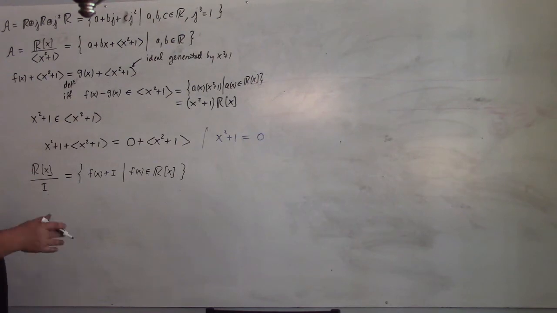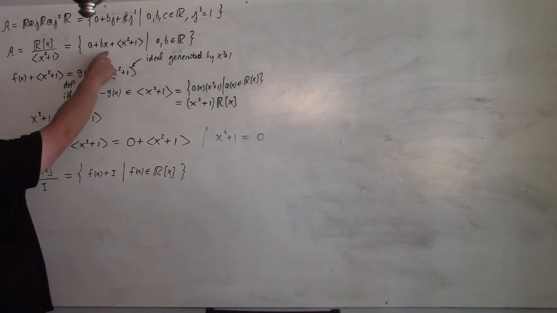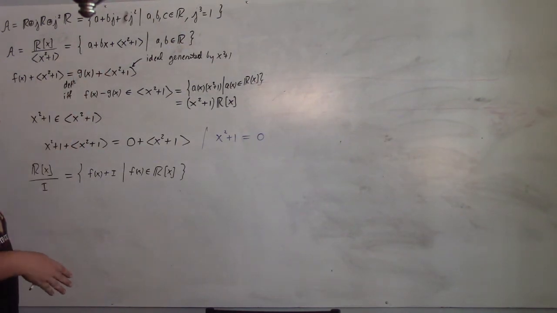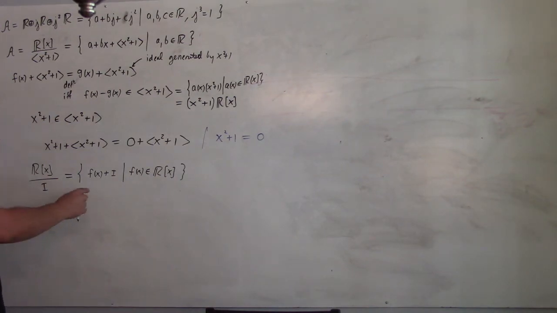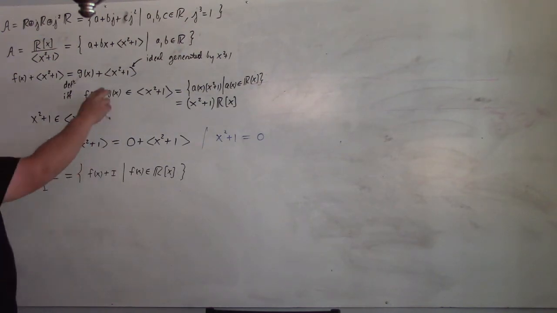So a question you could have asked me to start with was, how do I know I can just write a plus bx here? You didn't ask that because this is from a course you haven't taken. My apologies. But why could I reduce f of x from an arbitrary polynomial to just this?